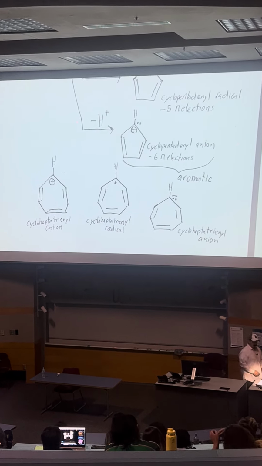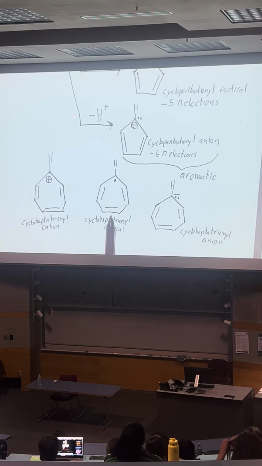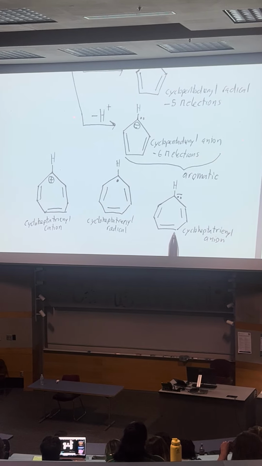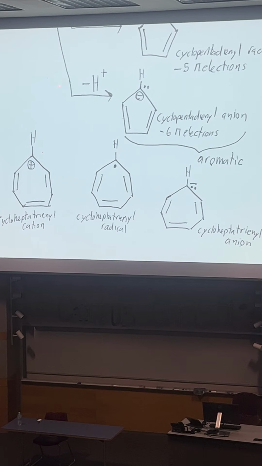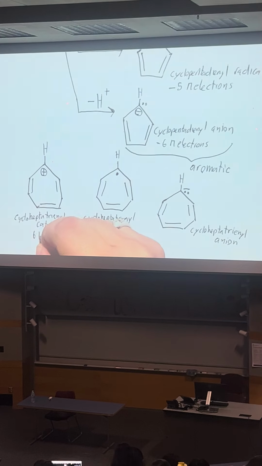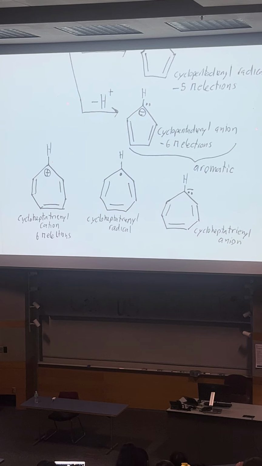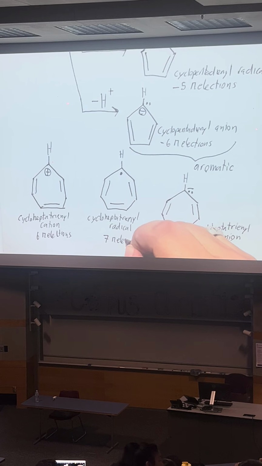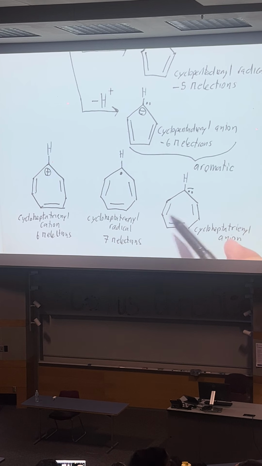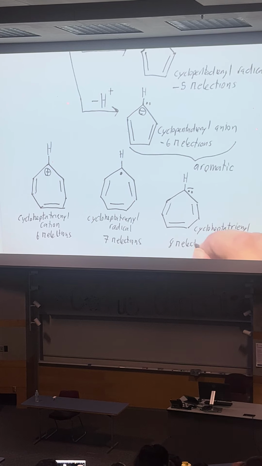How many pi electrons does the middle one have? This one, 7. How many pi electrons does this one have? 8. How many pi electrons does that one have? 6. So 6 pi electrons. 2, 4, 6. This one has 2, 4, 6, 7 pi electrons. This one has 2, 4, 6, 8 pi electrons.